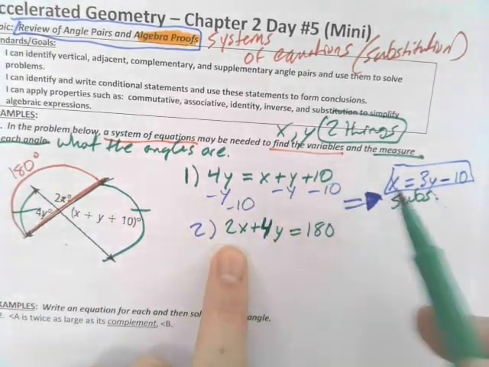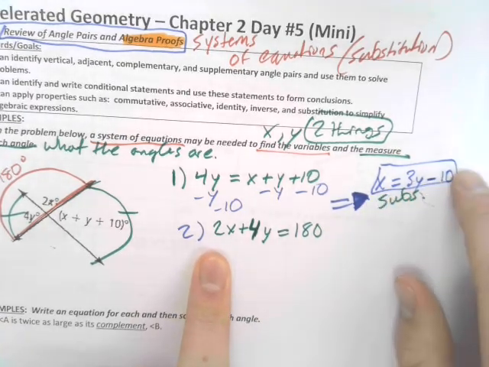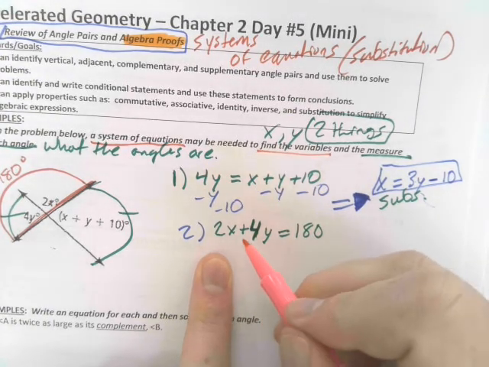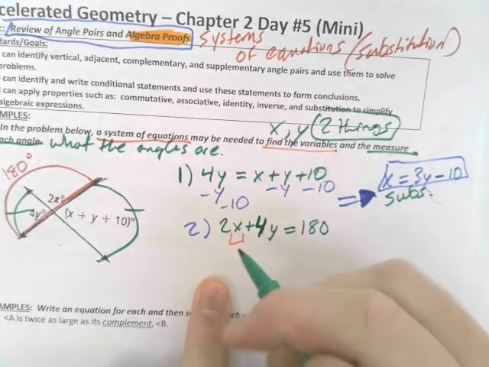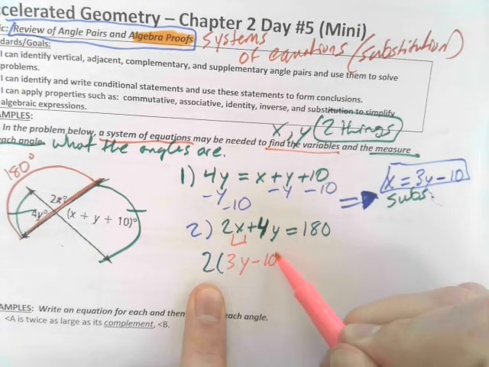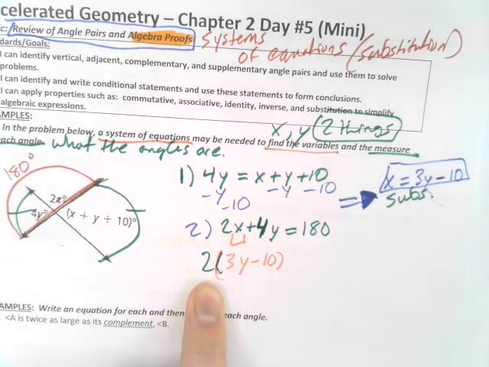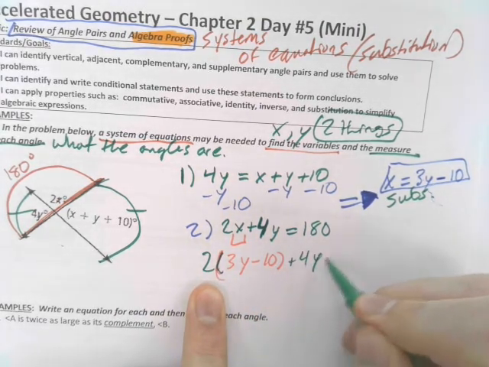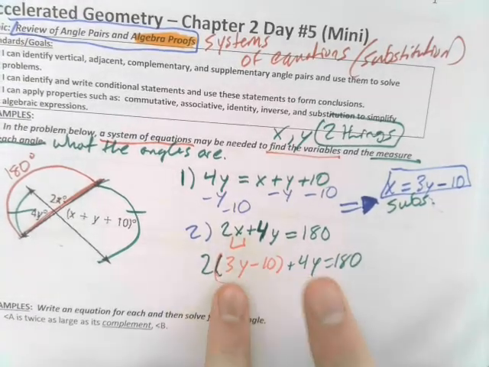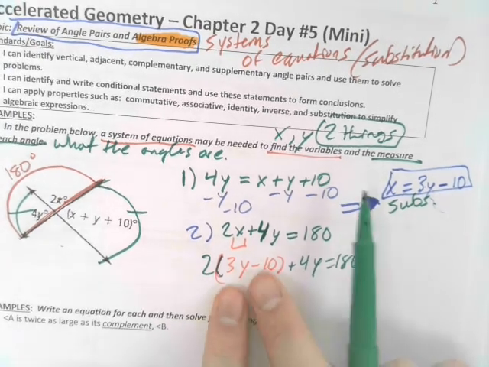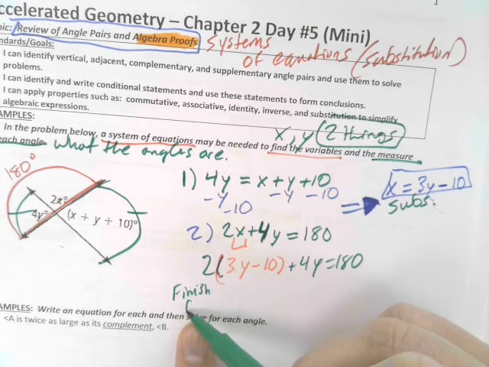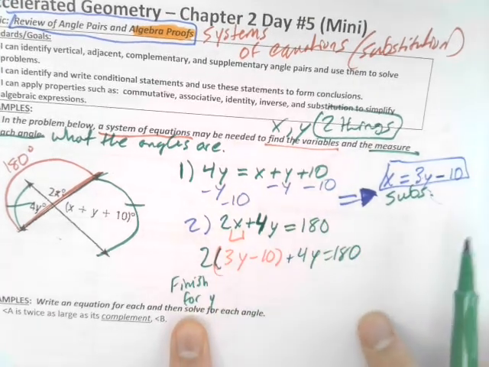But because we know what x is, we can substitute in 3y minus 10, do a little substitution action, and plug in 2 times, in parentheses, 3y minus 10, plus 4y equals 180. And all of a sudden, you have an equation that only has one kind of variable in it. So I'm going to let you guys take some time and finish this for y. Let's see what we end up getting.